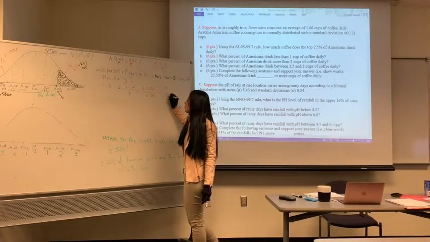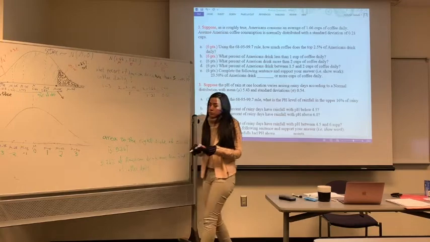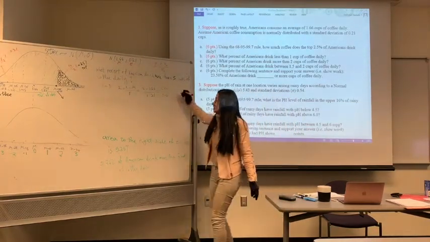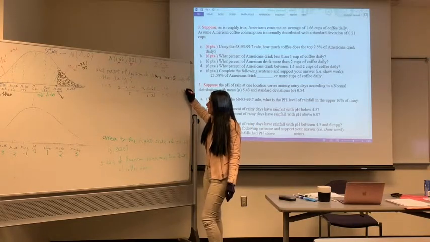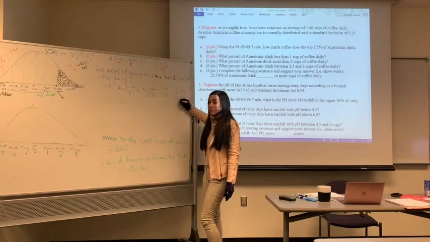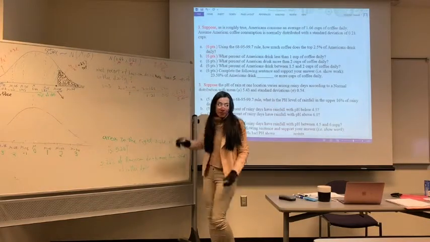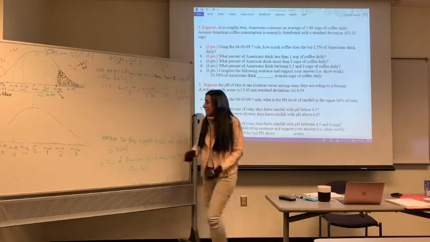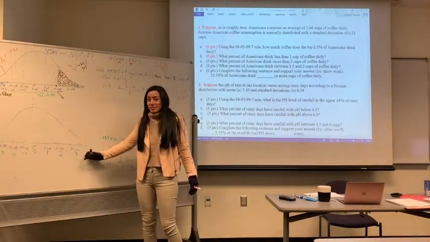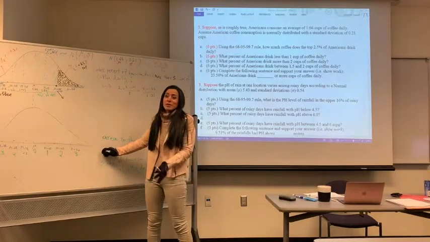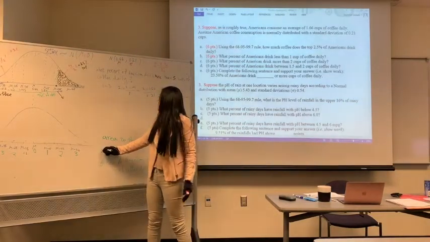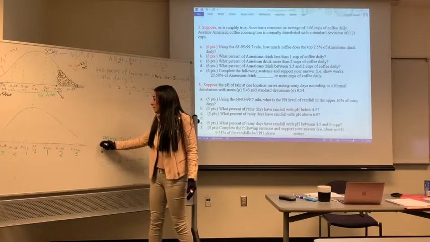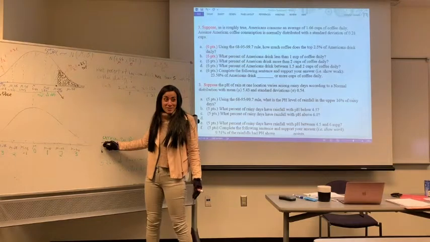So 1.34 divided by 0.21 equals 6.38. Wow. So this is the z value, correct? Where is that? 3 is here, correct? 6 is all the way maybe on the outside of the area. 6.38. And imagine we want the area to the right side of this.